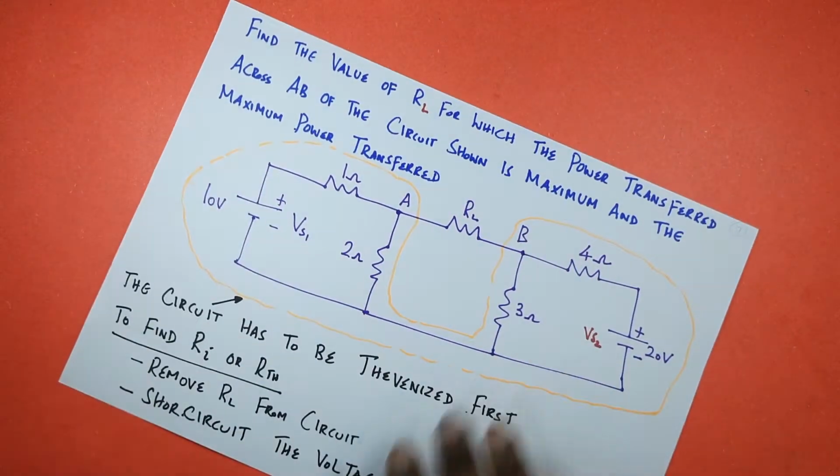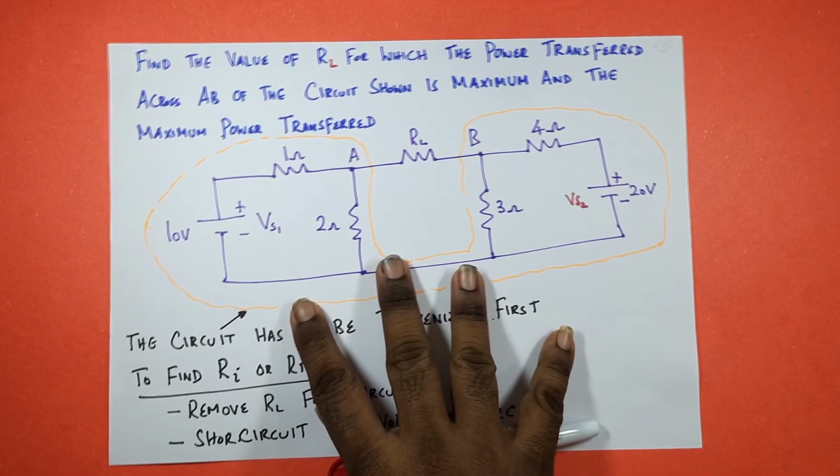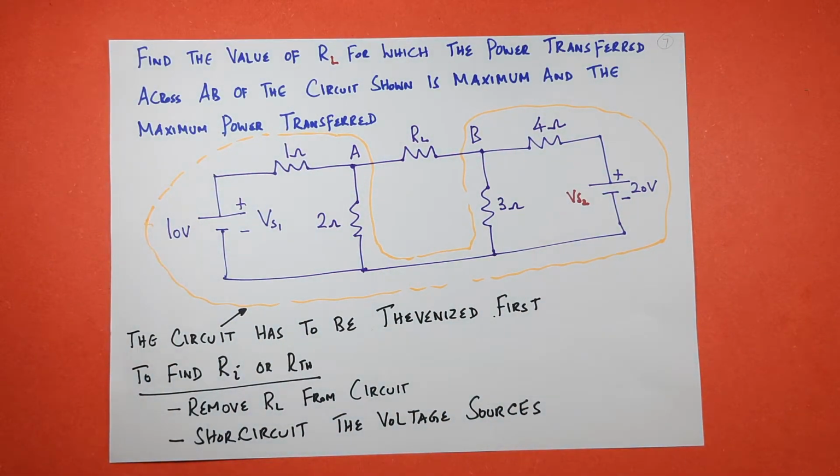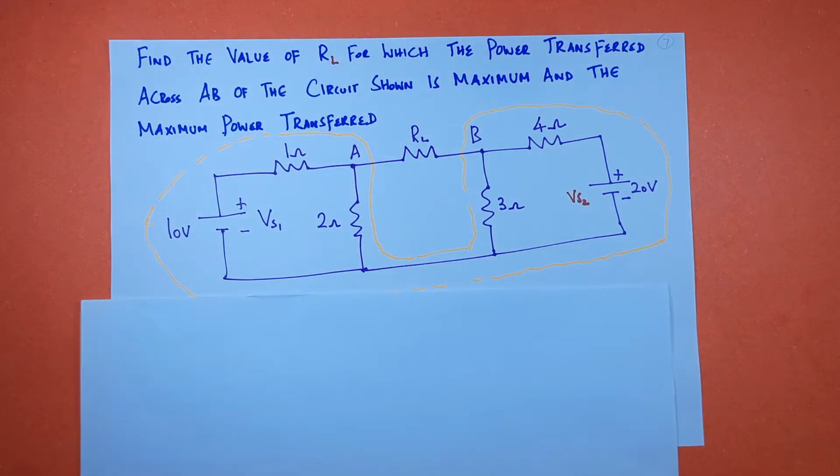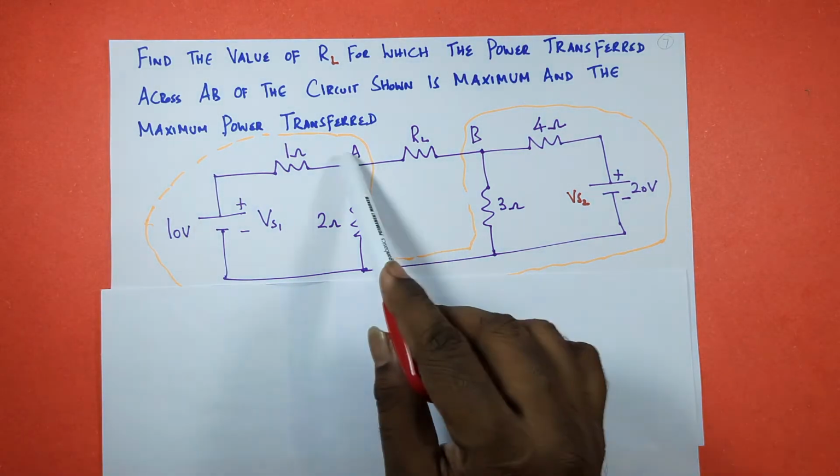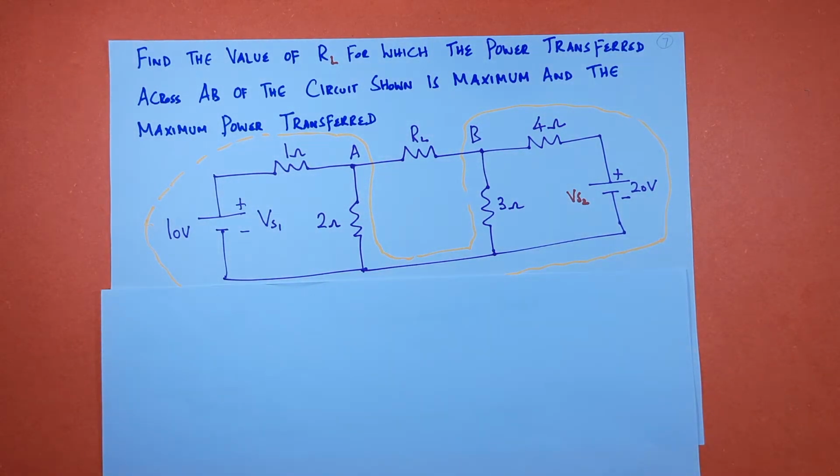Next we will understand this maximum power transfer theorem with the help of an example. This is the circuit we are going to study. Find the value of RL. This is your RL for which the power transferred across AB of the circuit shown is maximum, right?